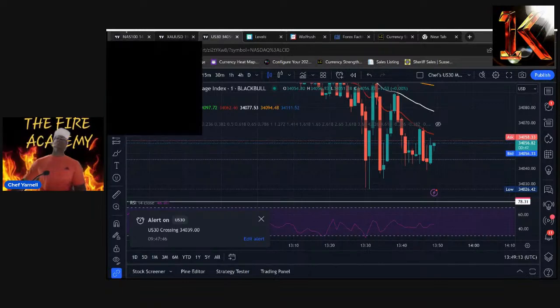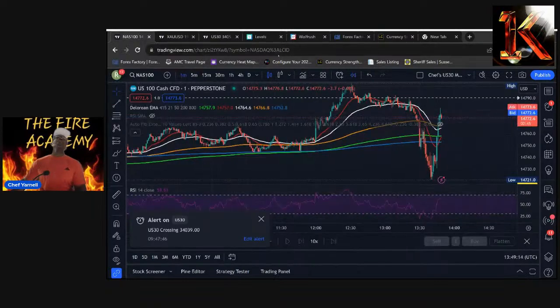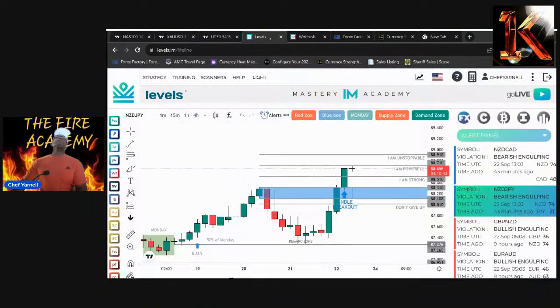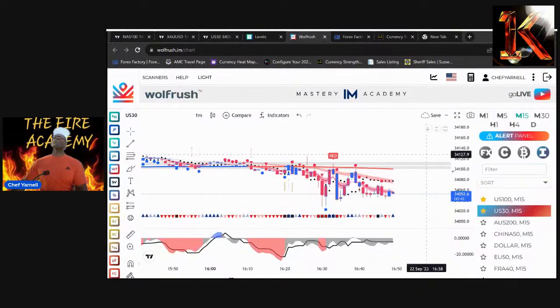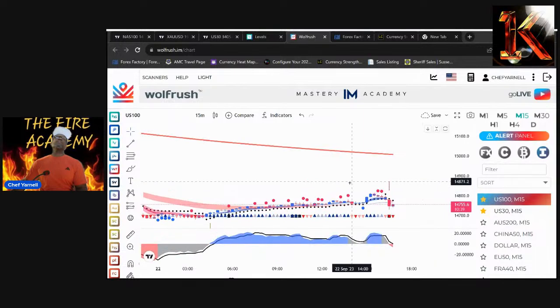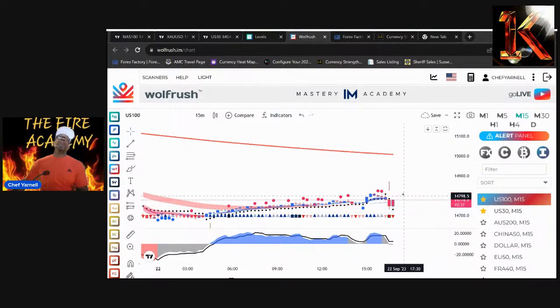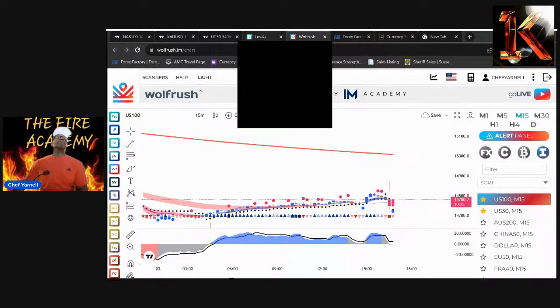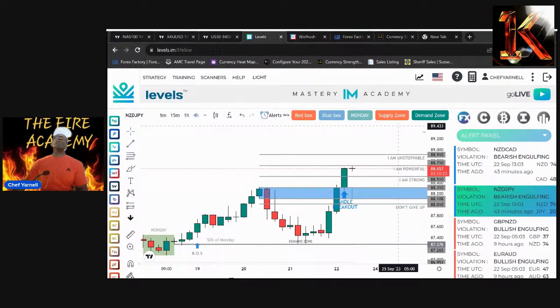Give me a second, I'm looking at NAS. Let's go back to NAS. Let's see what Wolf is saying about NAS and why it's buying. Oh, we got a possible dot. So to here, 14,815. Okay, I see where NAS wants to go based on what I see on Wolf.